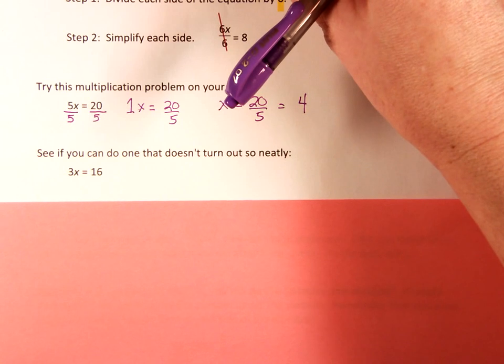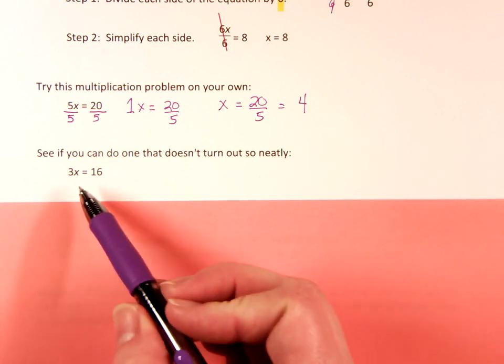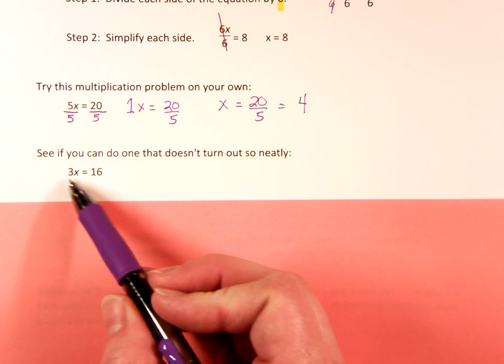All right, this one's not going to turn out quite so neatly, but give it a try. The first thing to notice is what operation is currently being done. 3x.